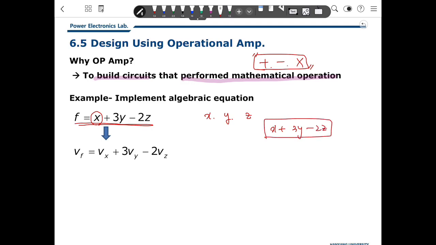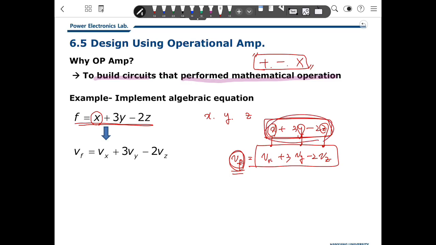To calculate this in the electric circuit, define each variable as a voltage value: x is voltage Vx, y is voltage Vy, and z is voltage Vz. And the result voltage value is called Vf. So through the voltage values, we can calculate this operation. To do that, generally the op-amp is used, so we call it an operational amplifier.